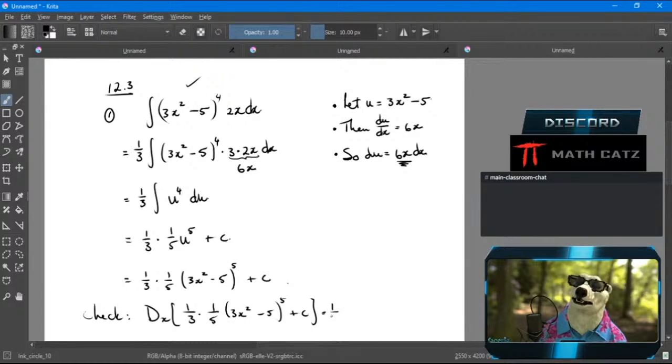I have my 1/3. I have my 1/5. Constant times a function keeps it in front. Now I have to take the derivative of this function of a function, which will be 5 times the bracket to the 4 times the derivative of the inside bracket function, 6x.